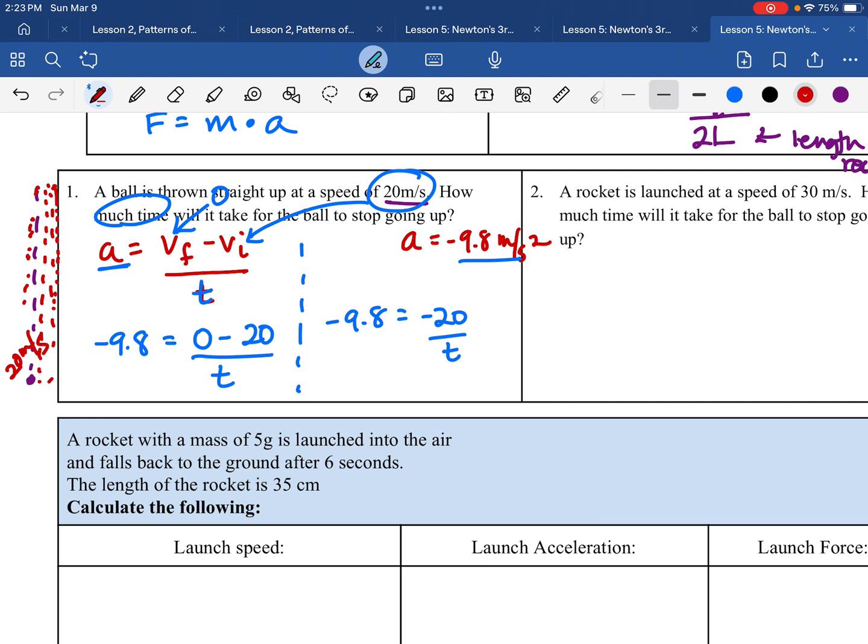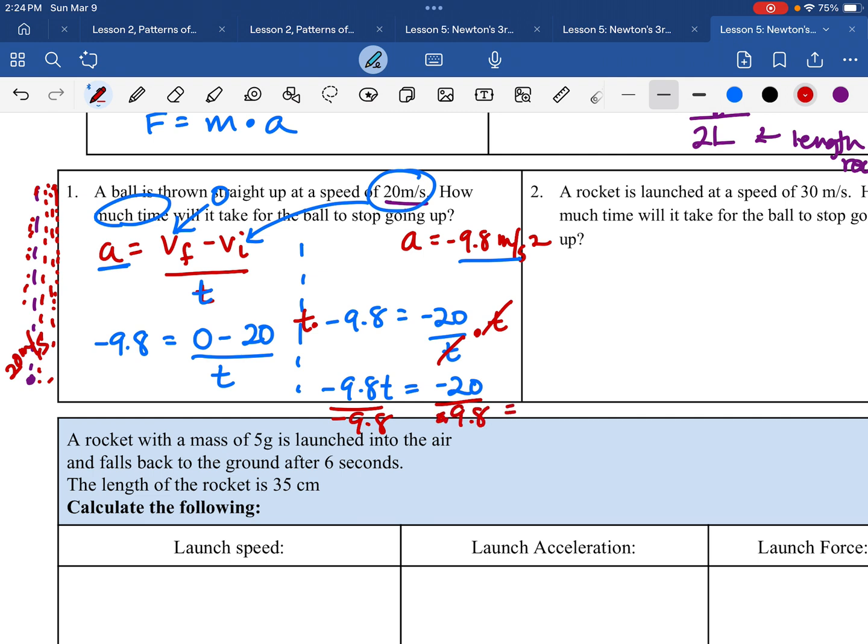We want to get t by itself. So we're going to multiply both sides of the equation by t like this. And that's going to cancel there. And then we get, on this side, negative 9.8t equals negative 20. Almost there. Then we're going to divide both sides by negative 9.8.